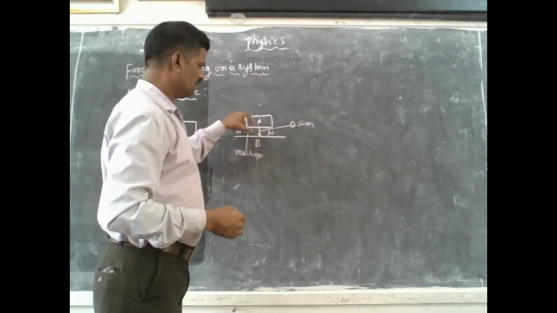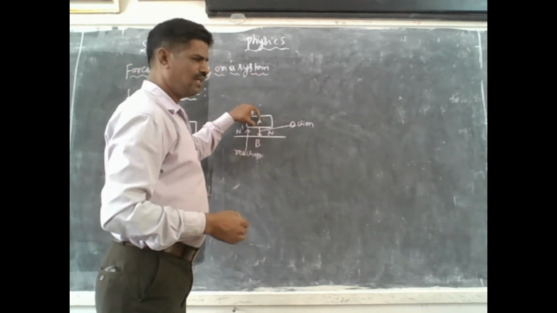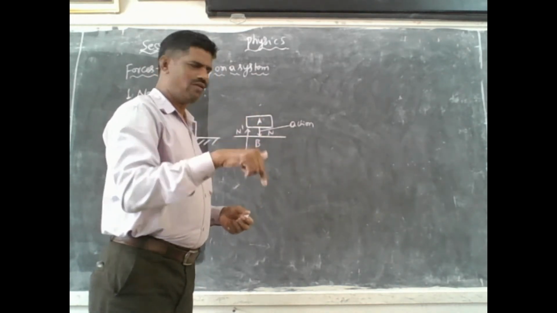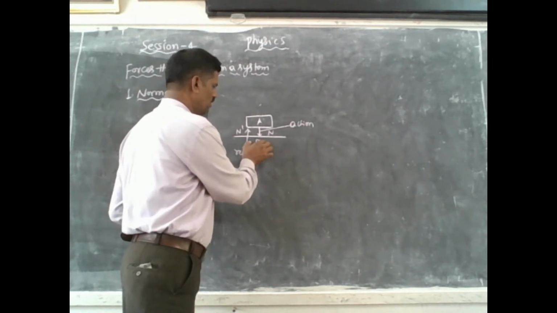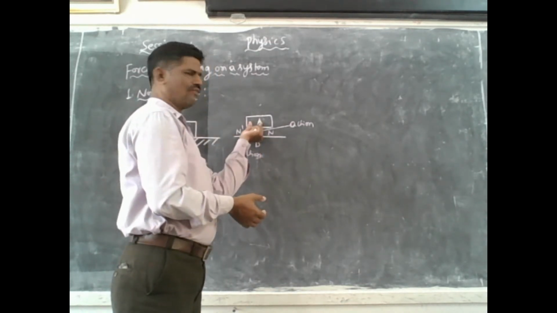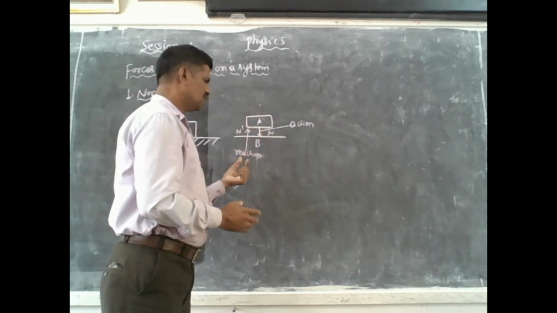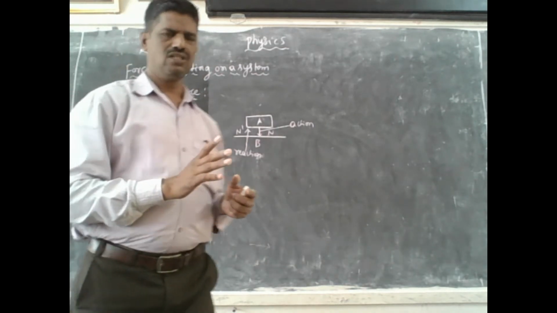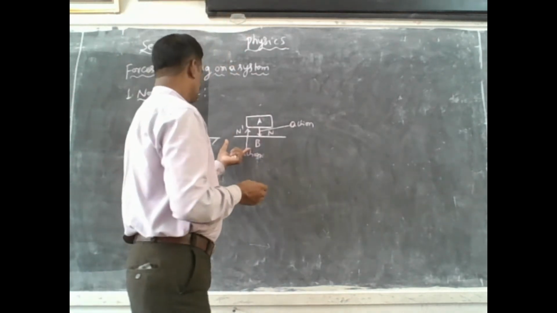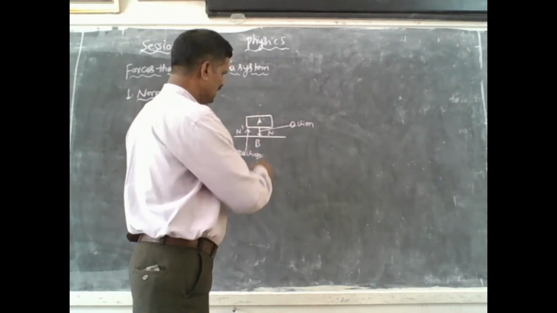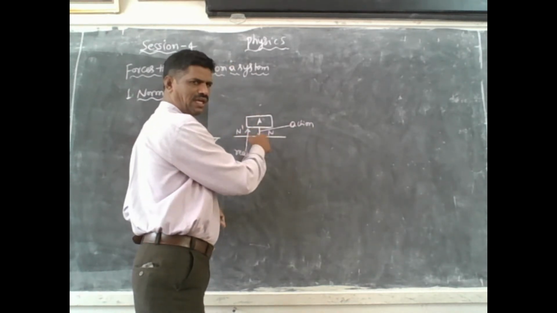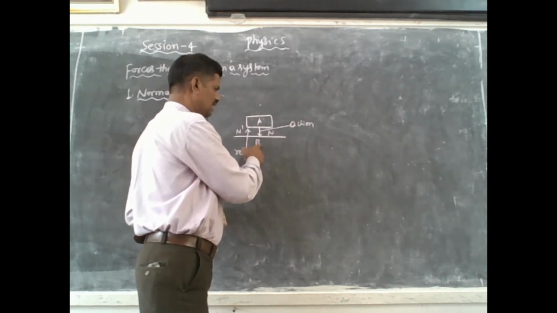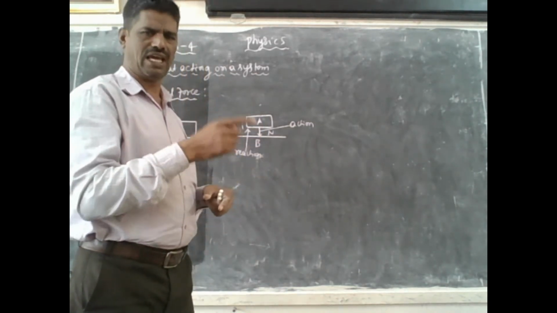The action means body A exerts a force on body B in the downward direction, and the same amount of force, equal to the weight of body A, is directed upward. That is known as reaction, isn't it? So this is the case of normal force, because it is acting normally on the surface of B, and body B is also acting normally on the surface of A.